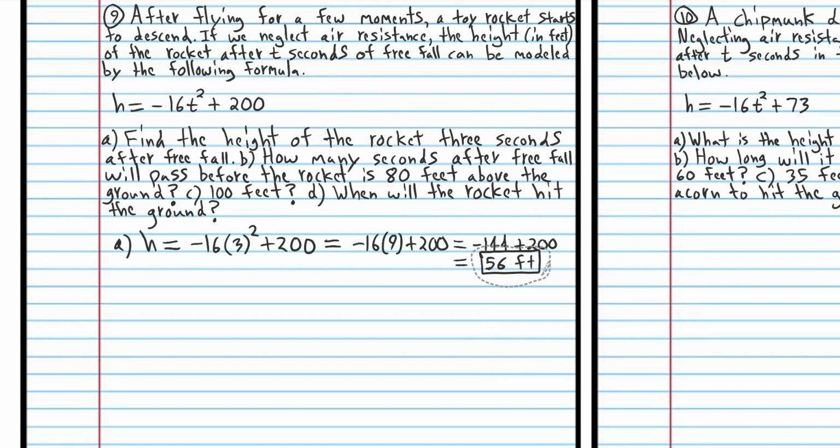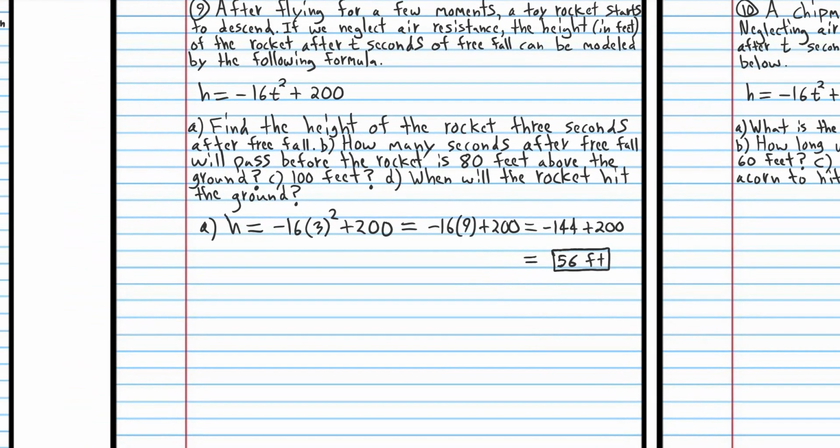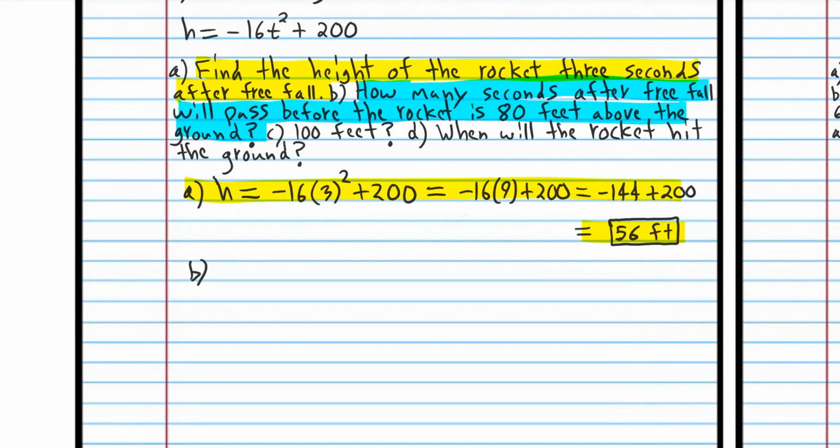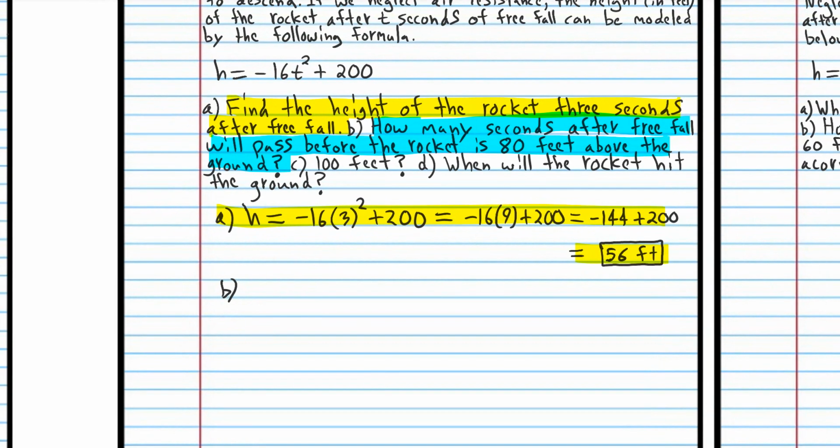So that's part A. As you can see, that part was really not very difficult. All we had to do is just plug in the t value. So now we move on to part B. Let me go ahead and color code this. How many seconds after free fall will pass before the rocket is 80 feet above the ground? In this case, instead of plugging in the t value, we're going to plug in the h value.